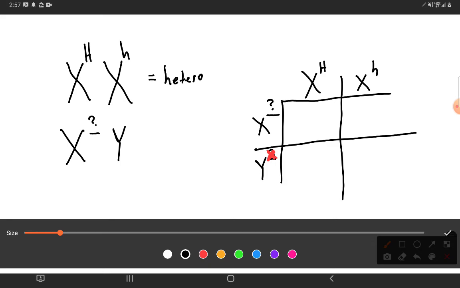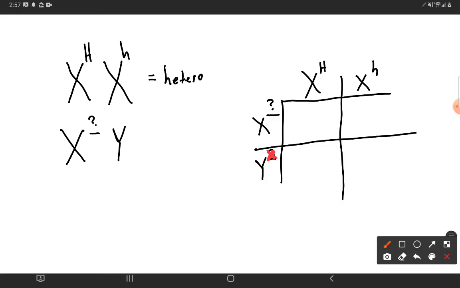But we do need to know what's on the X chromosome, right? Well, actually, no, because in order to make a son, he has to donate his Y chromosome. So we don't even need to consider these top two boxes. They're not important. We're talking about what are the chances of having a son.